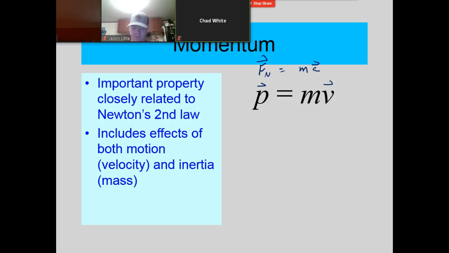And his quantity of motion involved mass and velocity. I can't see any other explanation than he was talking about momentum. I don't think he ever used the word momentum. I don't know. I don't read Latin. But I think this is what he was referring to.